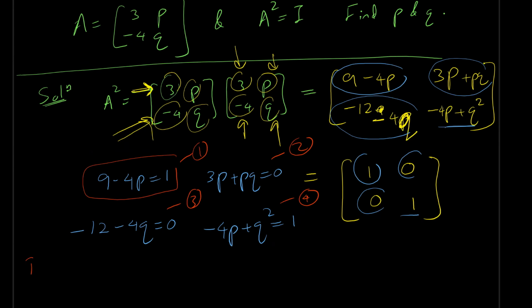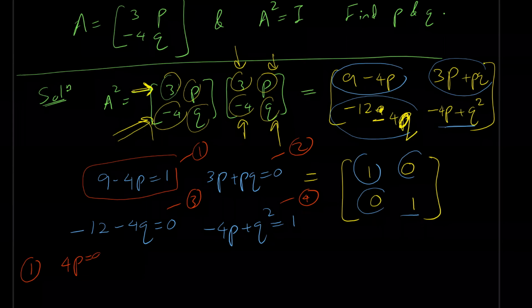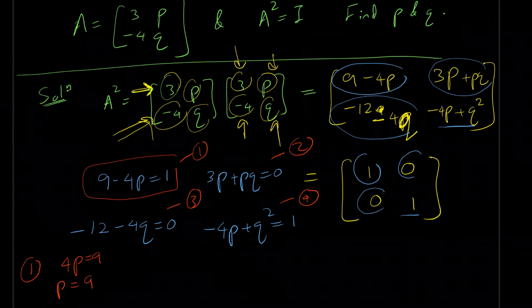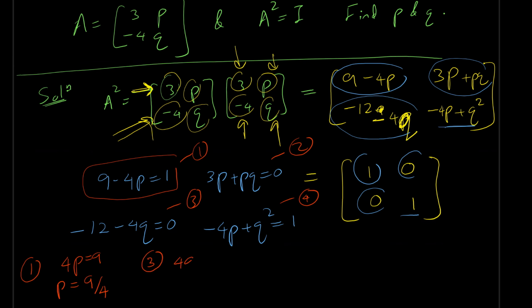From equation 1 it's clear 4p equals 9 and p equals 9 over 4, right? And if I use equation 3, from that it's 4q equals negative 12. Now from that q is going to be negative 3, right?